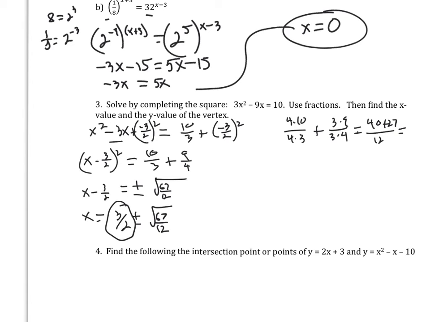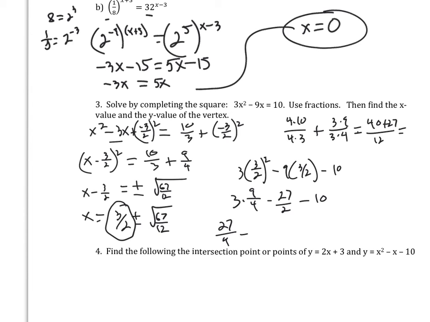The y value will be what we get when we plug 3/2 into our equation, which is 3x squared minus 9x minus 10. So we get 3 times 3/2 squared minus 9 times 3/2 minus 10. That means we would end up with 3 times 9/4 minus 27 over 2 minus 10, which is 27/4.